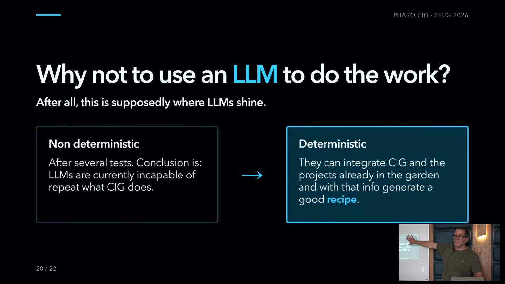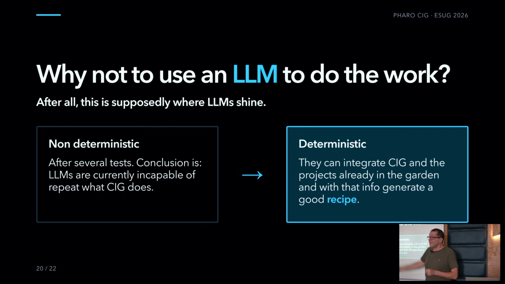Before anyone asks, why can't an LLM do that? I made a lot of tests, because after all, an LLM is where it should shine in this thing that is apparently just a translation. It's completely incapable of doing what I'm doing with Pharo CIG because it's not deterministic. It will always give me a different result, which is not repeatable.